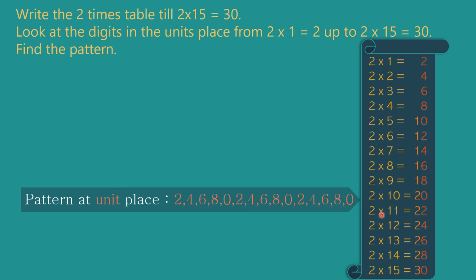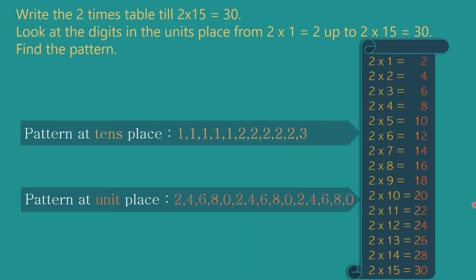Now in the same way we will write the pattern at the tens place. So these are the digits at the tens place. Here the digits are 1, 1, 1, 1, 1, 2, 2, 2, 2, 2 and last is 3.